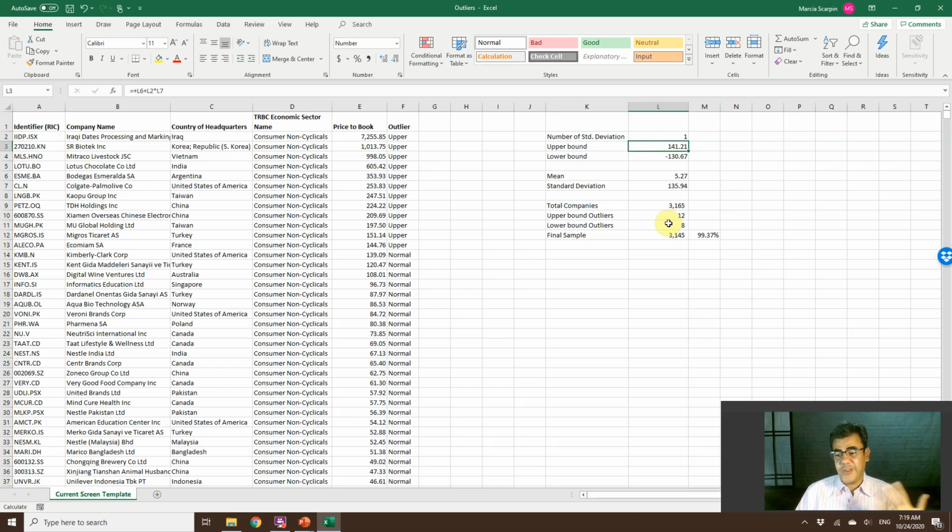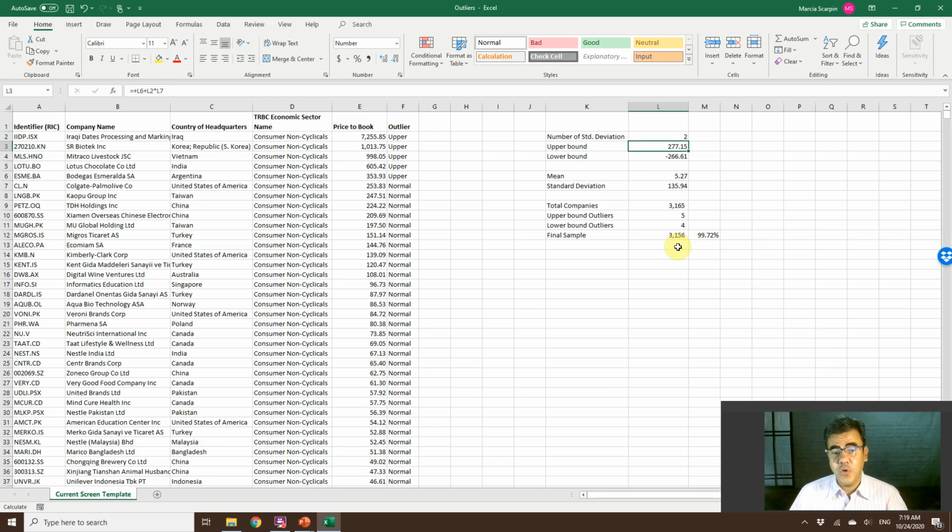So here you can play with your numbers. Only 0.5. With 0.5 you have some more. So, huge dispersion. We can work with a tighter bound here. So lower standard deviation numbers and so on.